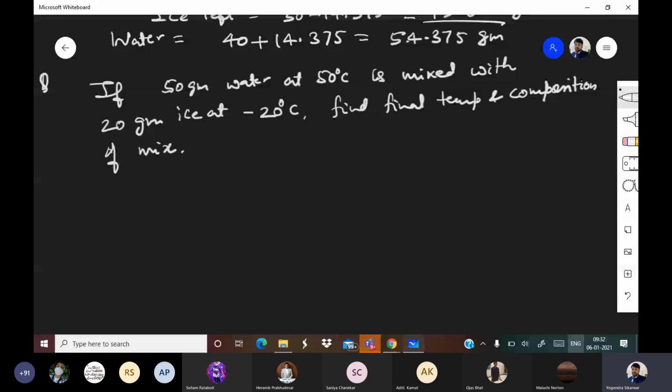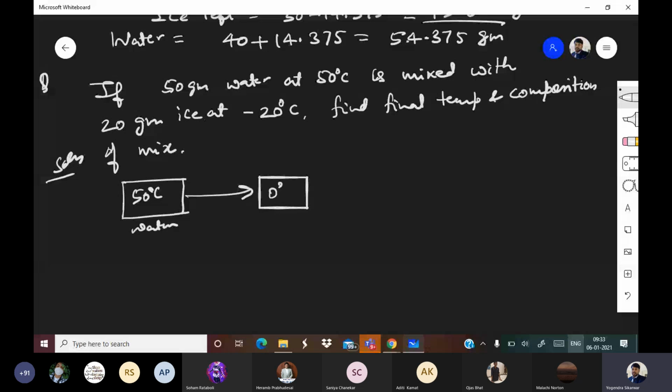So we have 50 gram water at 50 degrees Celsius. So we are converting it into 0 degrees Celsius, and this will be water only.